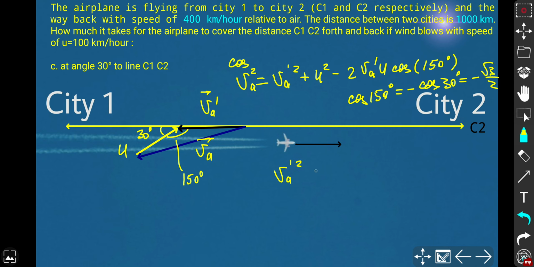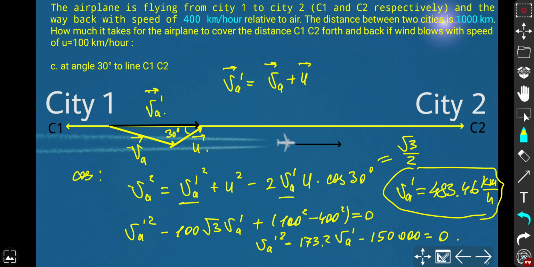So VA prime squared, then plus 100 square root of 3 VA prime, that's the resultant of this combination, and still plus 100 squared minus 400 squared. So let me see what I have here. And before we had 150. All right, so we can rewrite using decimals.